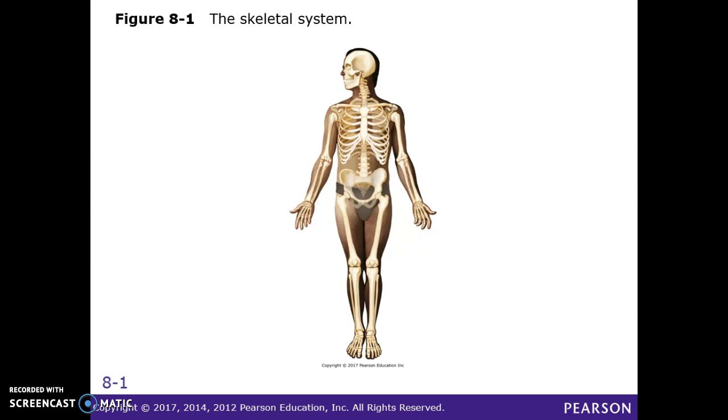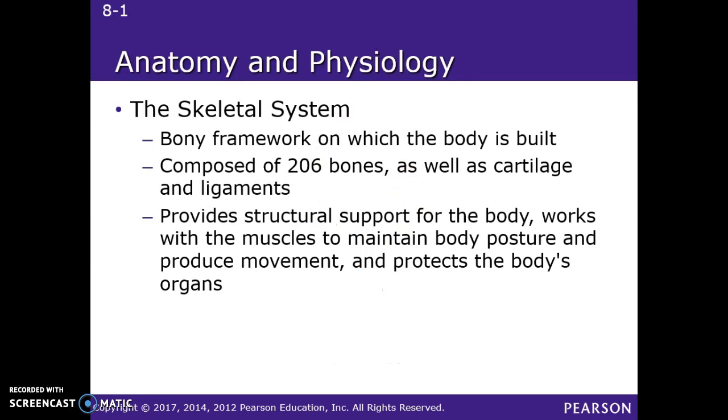Most of us are familiar with the skeletal system, the fact that we have 206 bones, and in addition to that, we have cartilage and ligaments. It's the basic structural support of our body, and it has to work with our muscles, which is why we're looking at them together, to help maintain posture, help us move, and protect our organs.